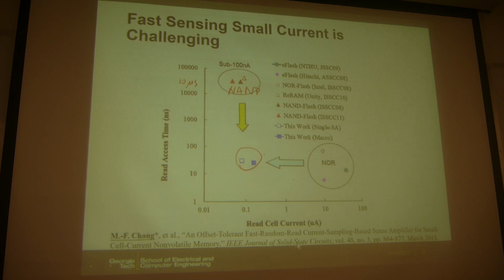So if you are interested, you can read this paper. Through a very dedicated scheme to improve the speed, it's possible. However, the overhead is that you need more transistors or some switch capacitance there to sense this. The area is not small if you want to do this.